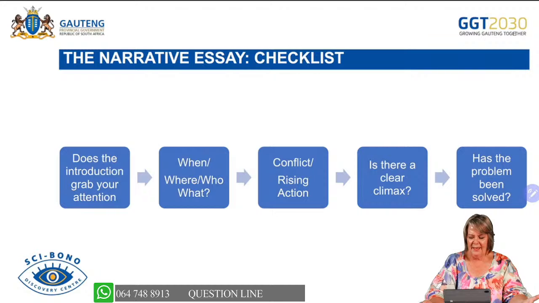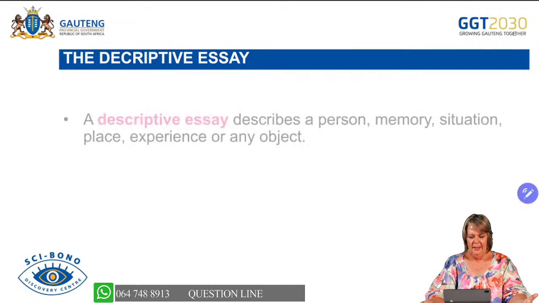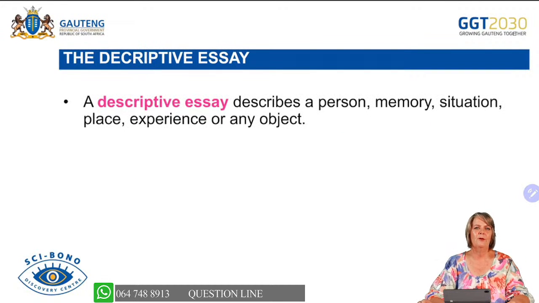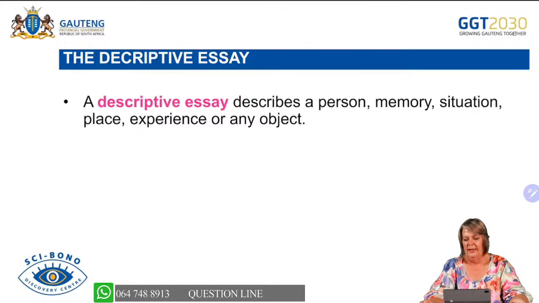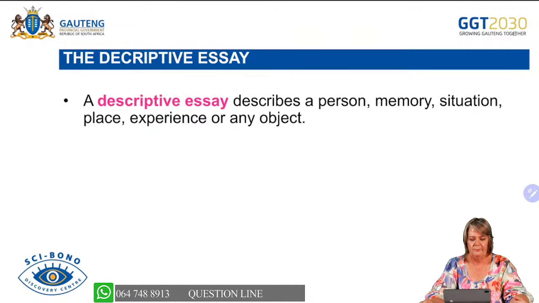And indeed, as I've indicated now, then we get to the descriptive essay. A descriptive essay describes a person, a memory, a situation, a place, an experience, and it can even describe an object.